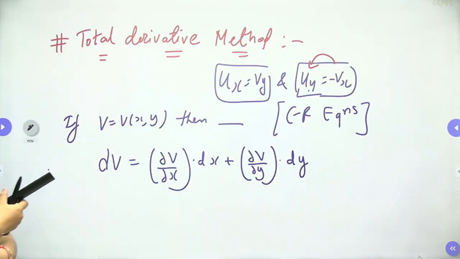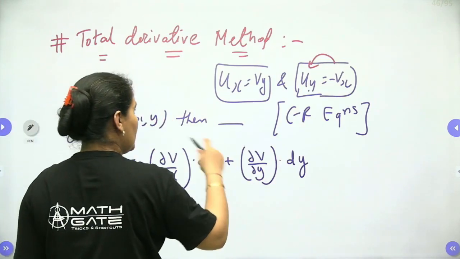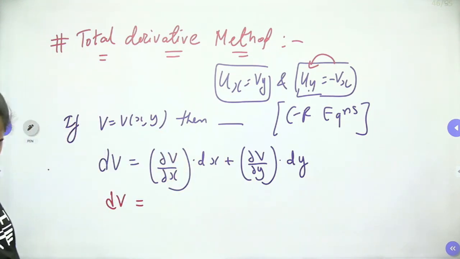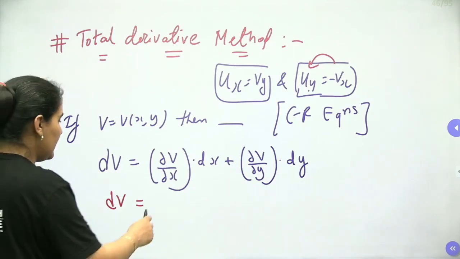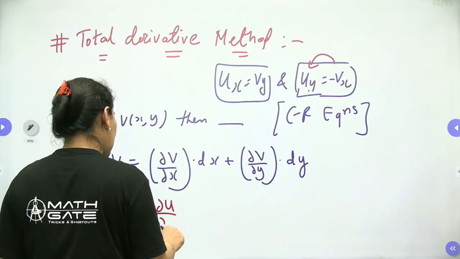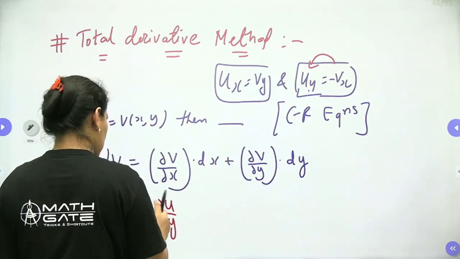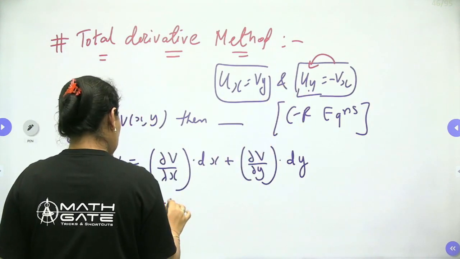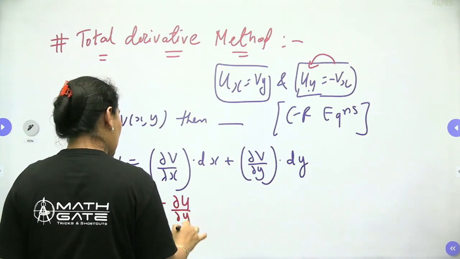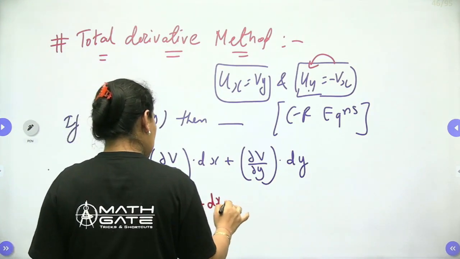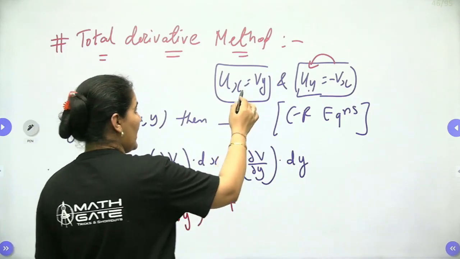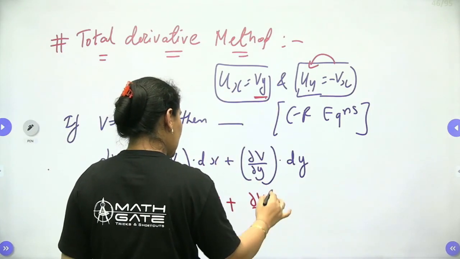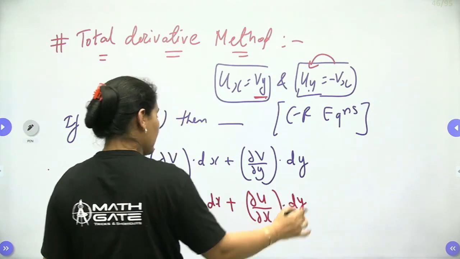So dv will be -∂u/∂y dx, and in place of ∂v/∂y we can put ∂u/∂x dy.